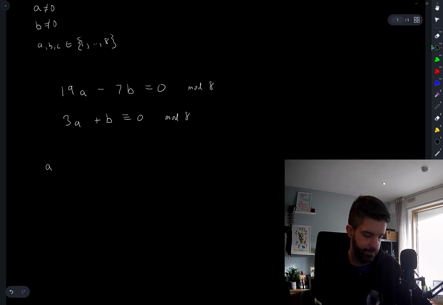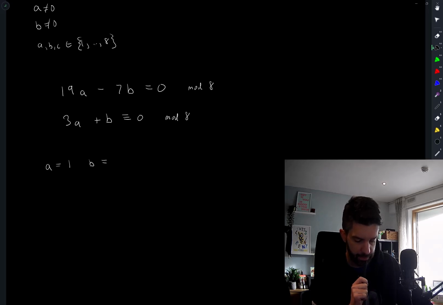I can have A is equal to 1, and then B can be equal to 5. Could have A is equal to 2, and B is equal to 2.